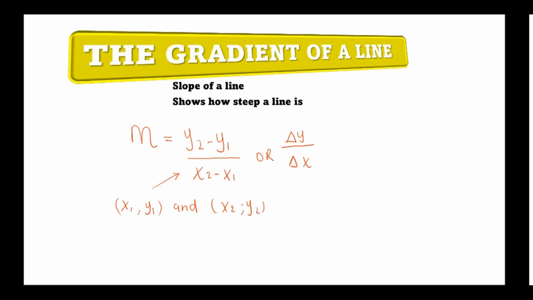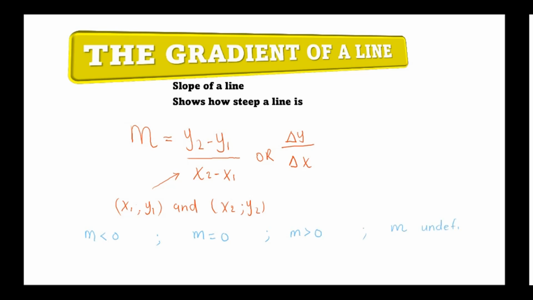Another important thing that you need to know about gradients of a line is that a gradient can be less than 0, it can be equal to 0, it can be greater than 0, and your gradient can be undefined.